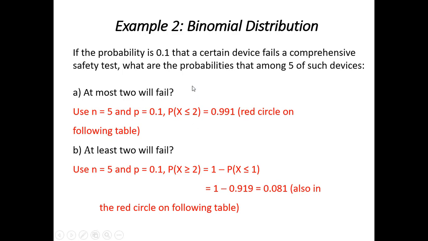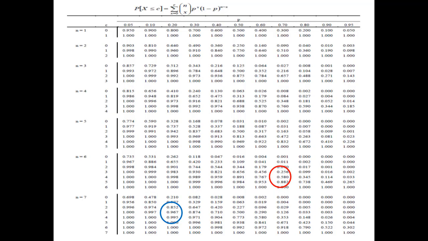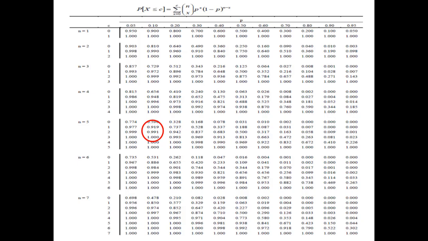So I have at most 2 will fail, so we want to think along the lines, I need to find the probability when x is 0, x is 1, and x is 2. So the table gives us cumulative probabilities, and now we have to look at the section where n is 5 and p is 0.1. So let's take a look at that. If we go back over here, I think I have another table, yes.